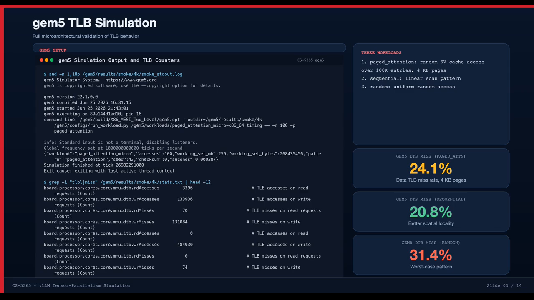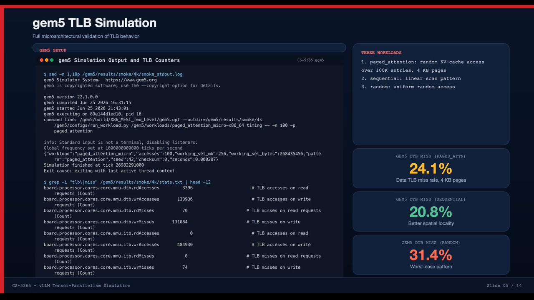I tested 3 workloads, each performing memory accesses with 4 kilobyte pages: PagedAttention, random KV cache access over 100,000 entries; a sequential linear scan pattern, which benefits from spatial locality; and random uniform access, which was the worst case pattern.